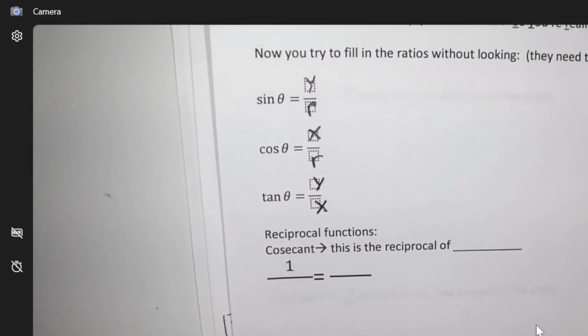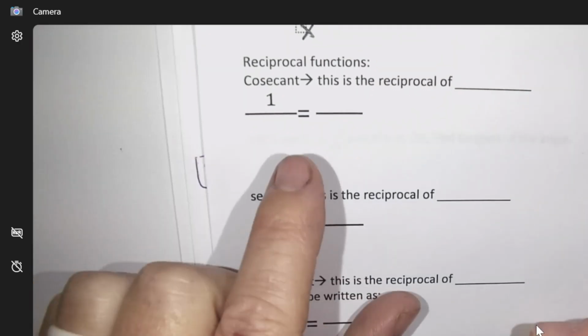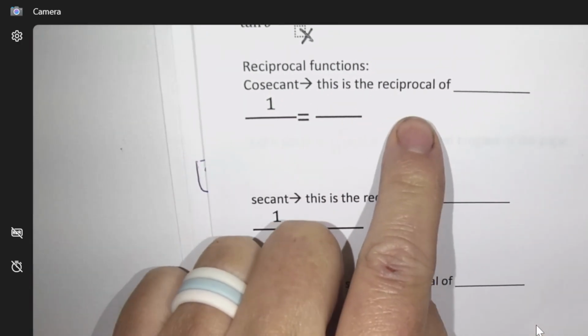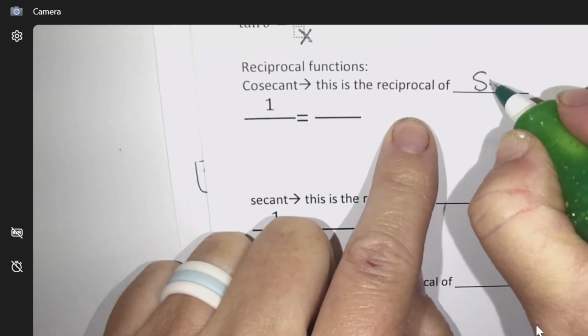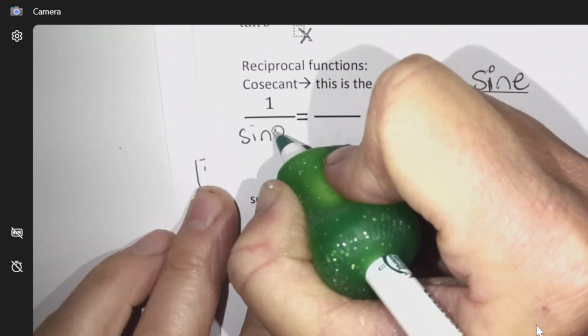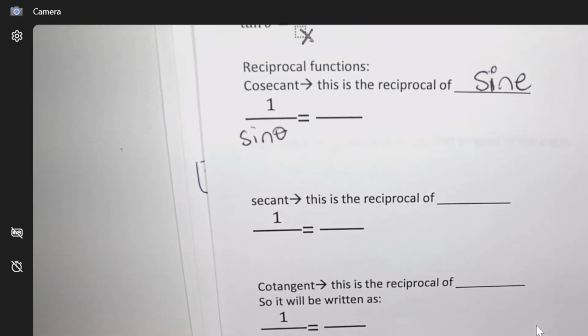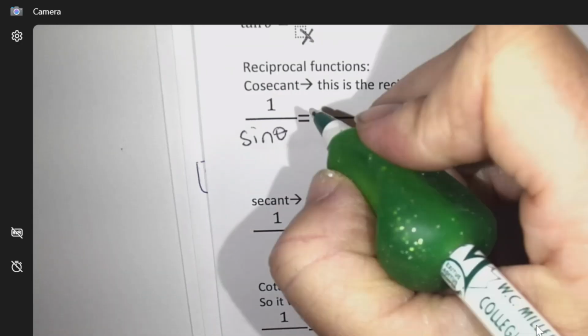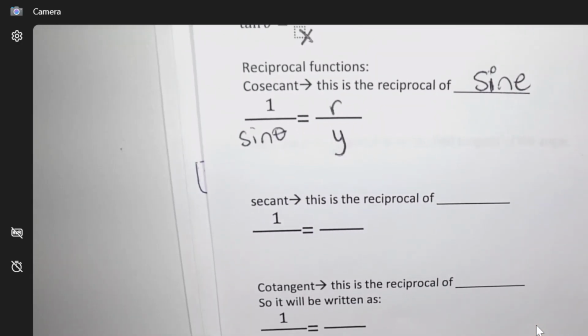Okay, also we're going to learn 3 new functions this year. So cosecant is the reciprocal of the sine function. So it's the flip of the sine. So if we wanted to flip sine, that would be r over y.